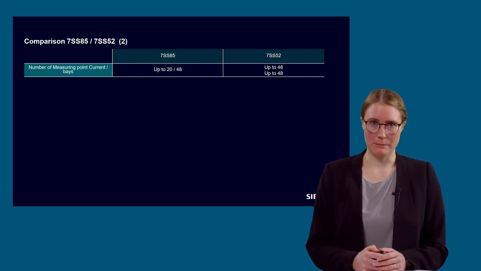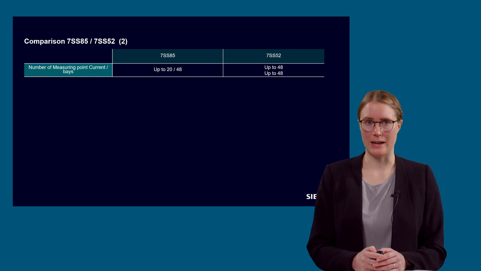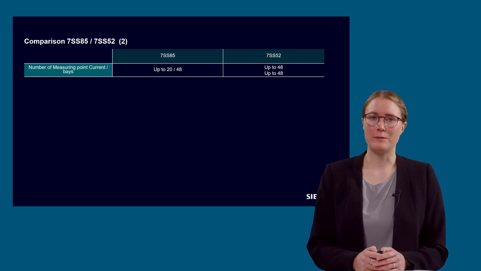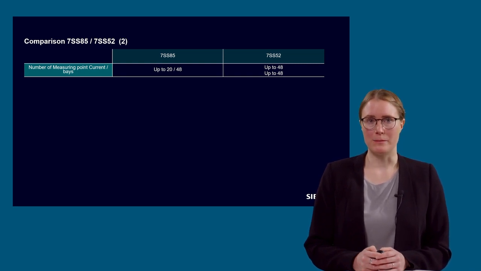The maximum number of measuring points is 20 for the 7SS85 centralized and hybrid solution, 24 for the distributed IEC 61850 compliant solution, and 48 for the 7SS85CU solution. For the 7SS52, the maximum number is also 48.